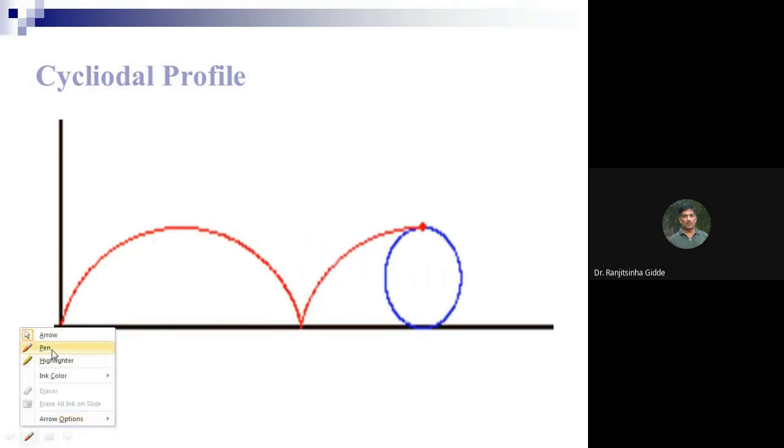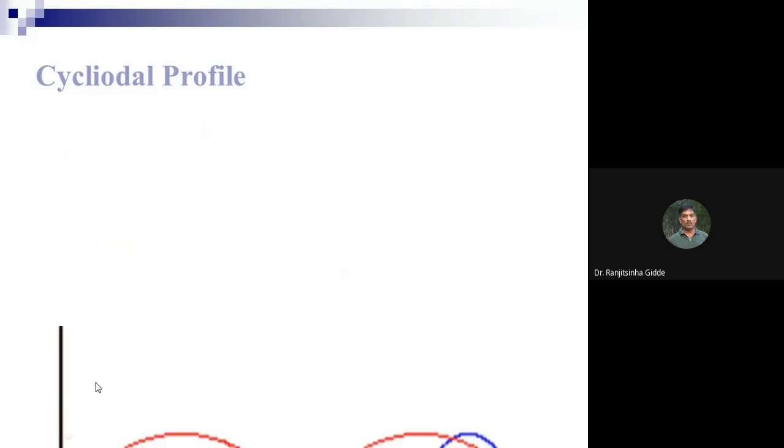Okay, right. First I will tell the definition, then you can check the animation, right? A cycloid is the locus of a point on the circumference of a circle which rolls without slipping, right? So what are you observing here?